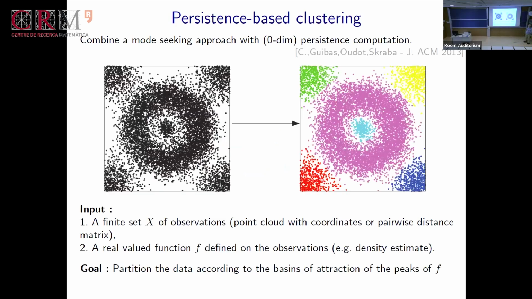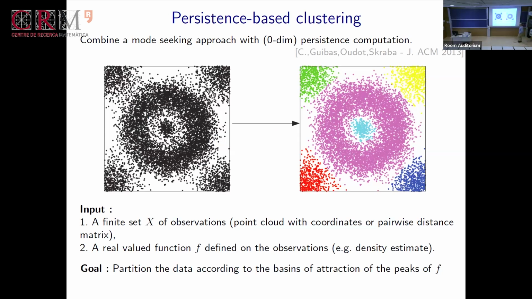I just want to show you an old one, more than 10 years old, that you can, for example, use to do clustering. And the idea is very simple here. You have a data set, a point cloud in the plane, and you want to cluster it. You want to split it into pieces that are in some sense consistent.